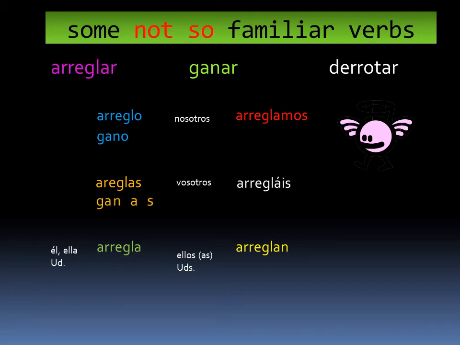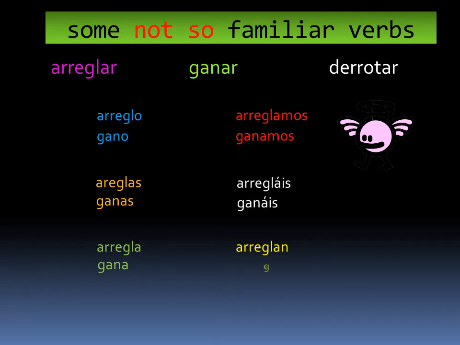No, not really. By the way, I noticed the angel doesn't have his halo this time. I think it's blocked out by the dark background. And here comes derrotar. Do you know what that means?